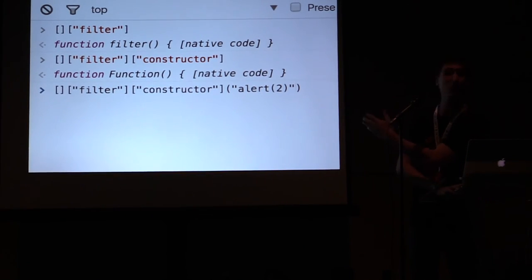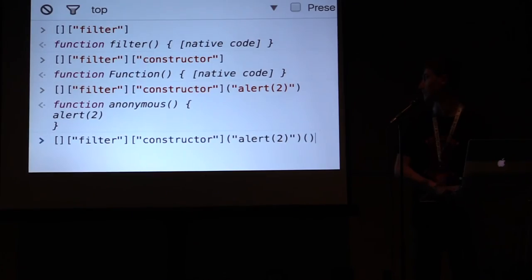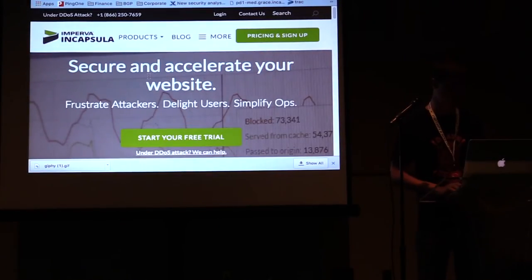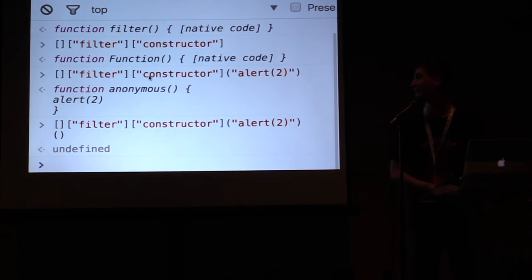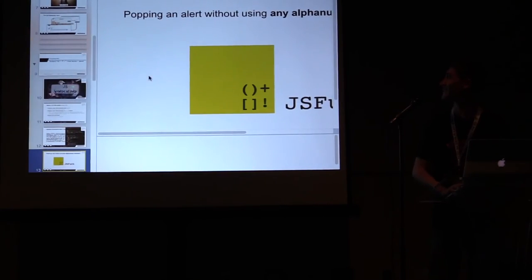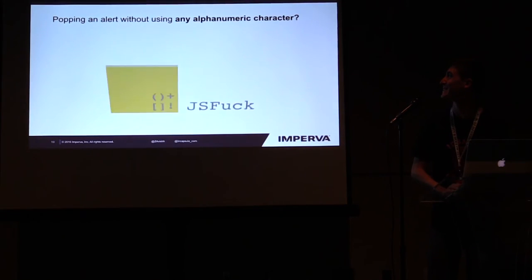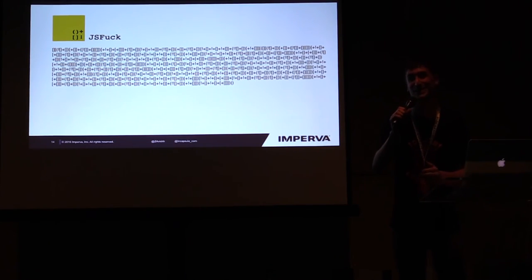So here we use only strings, brackets, and parentheses, and we get an alert2, and of course this can be executed. I will show the whole explicit way of making this. We got it here. This is how an alert 2 can be created without using any alphanumeric character.